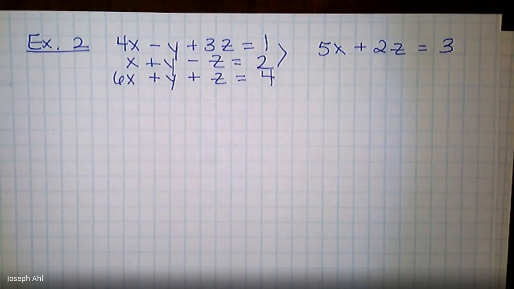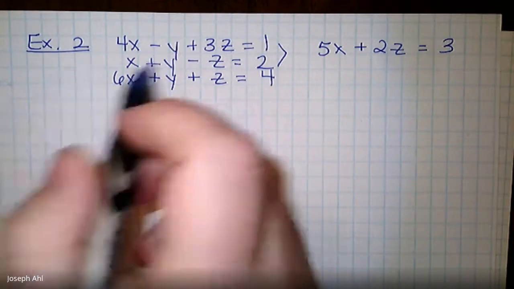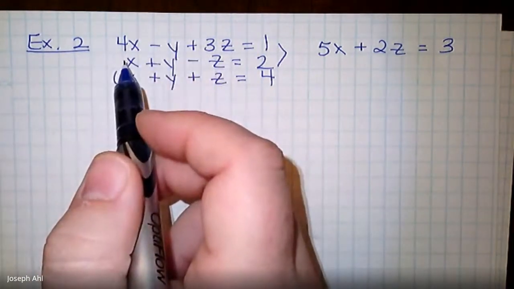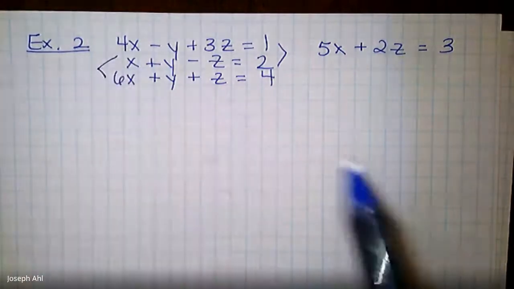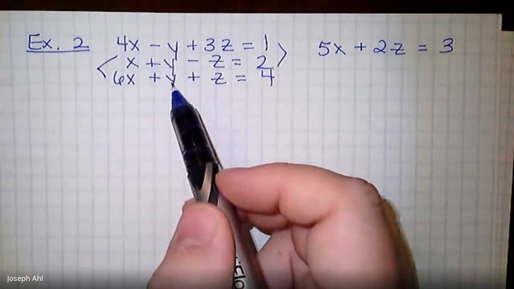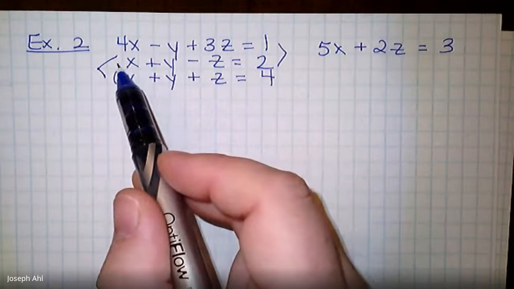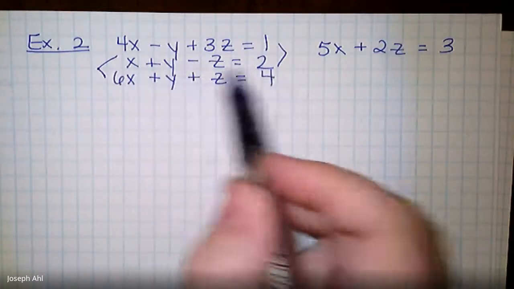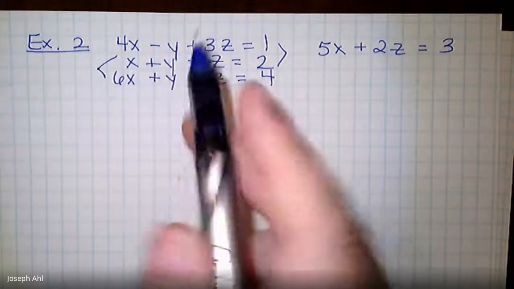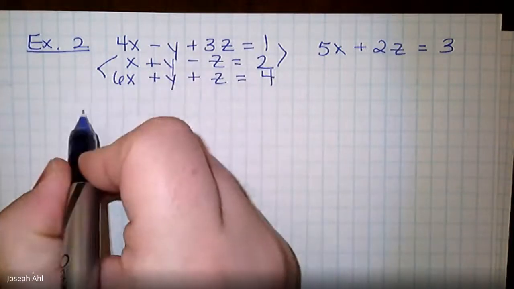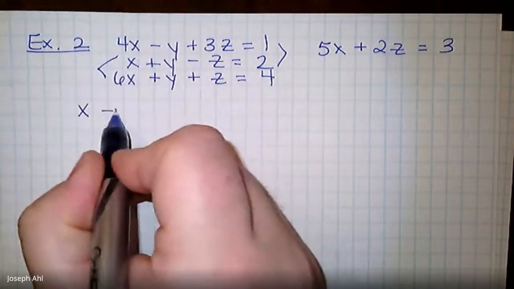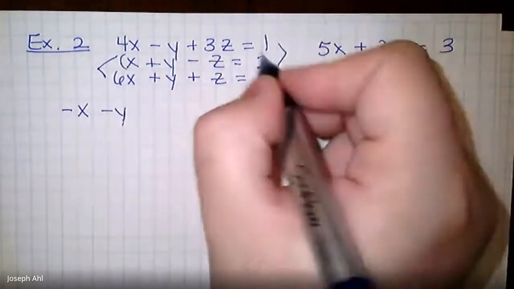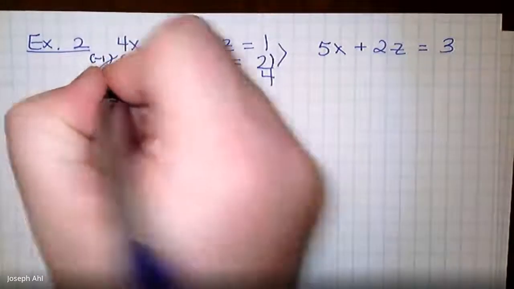So then, of course, we want to choose another pair and go through the same process. It's up to you what your other pair is. If you choose, let's say, the second and third equations, we have to eliminate y again. Maybe I'll negate everything in equation 2, the second row, so that this becomes a negative y. I'm multiplying everything here by -1.